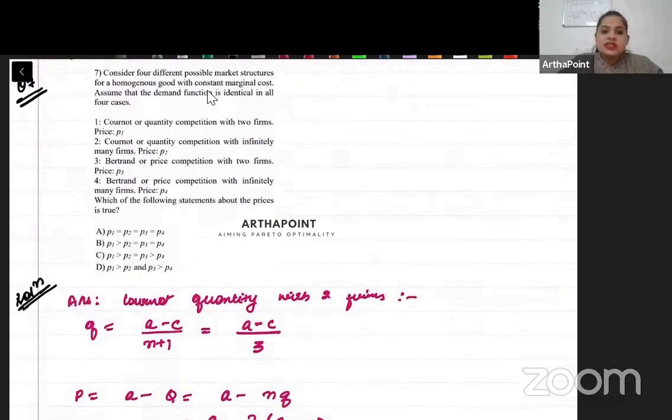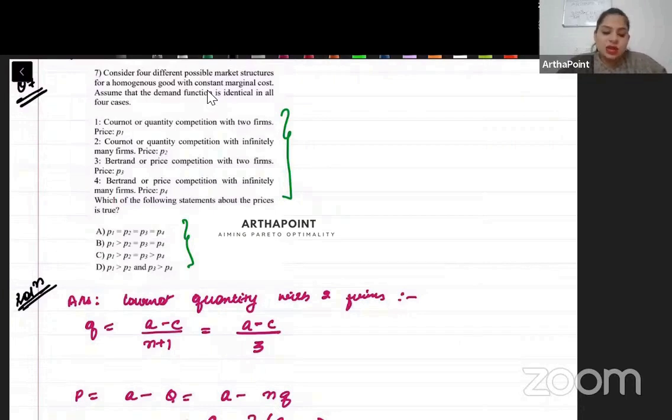This says, consider 4 different possible market structures, and if these are the conditions, which price will exist where? So consider the first one. The first one says Cournot, or quantity competition, with 2 firms.